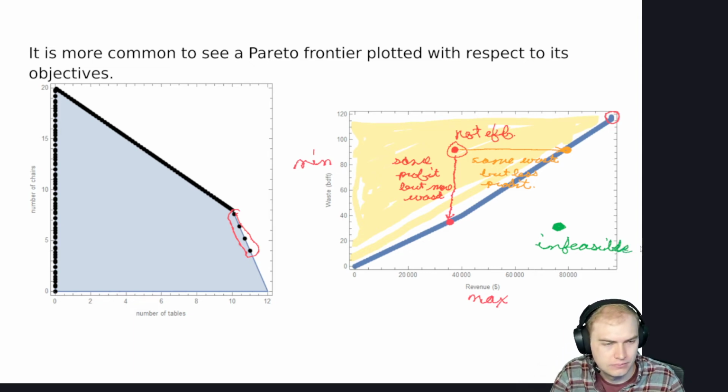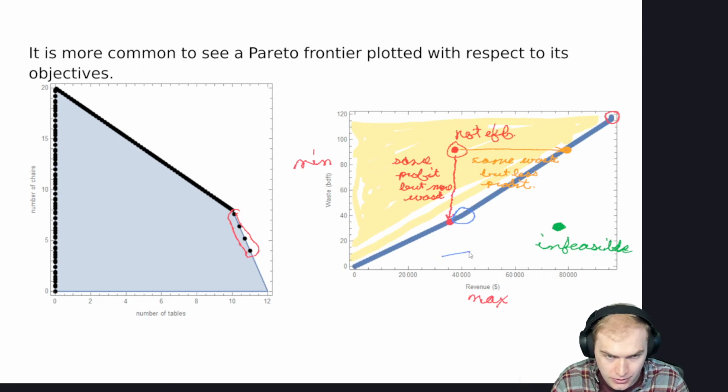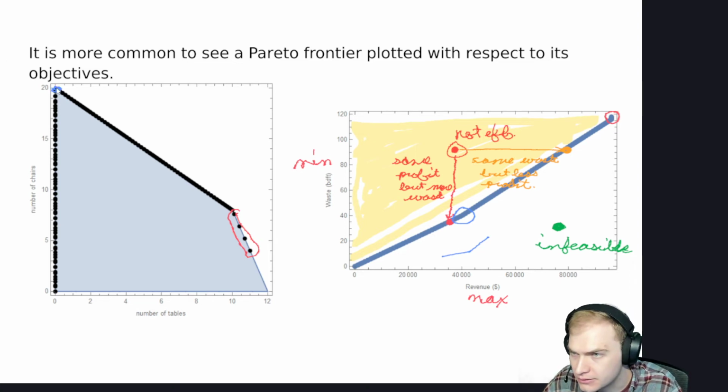There we go. We do also see right here there is a crook or an elbow. That corresponds to, I believe, this point here.